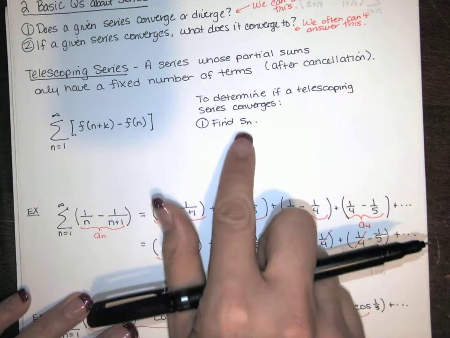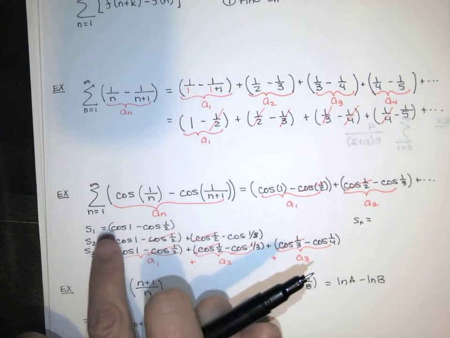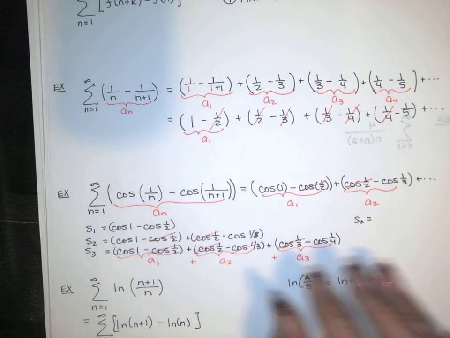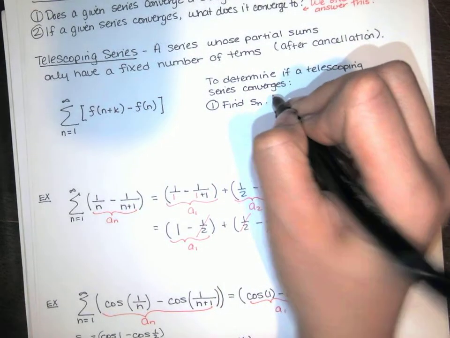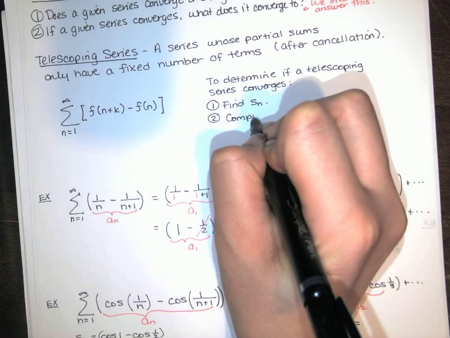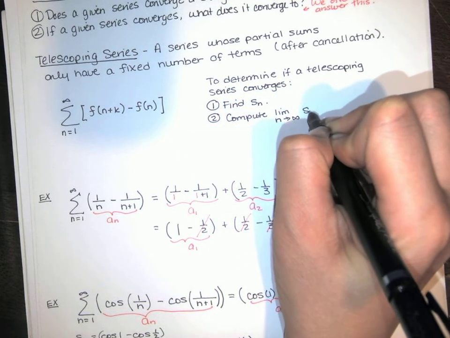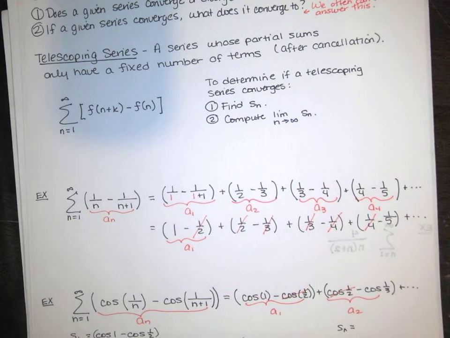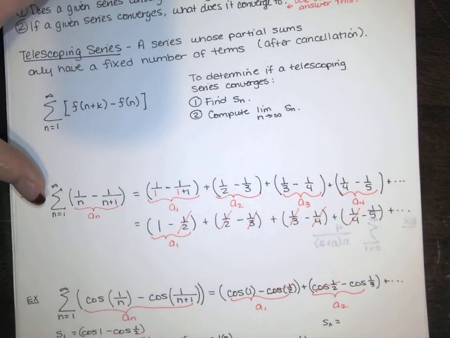If it's telescoping, S sub n is something that we can find by looking at S sub 1, S sub 2, S sub 3, and then looking for the pattern. So we're finding S sub n through pattern recognition. And then you're going to compute the limit as n goes to infinity of S sub n. Now remember, the limit of the nth partial sum is the sum of the series.